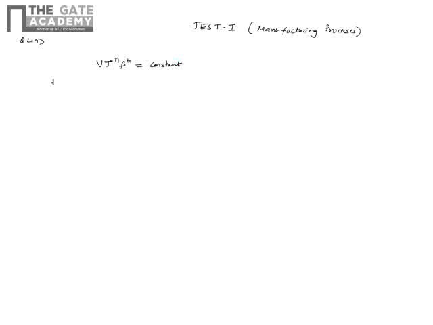Most of the time feed is constant, so here F is constant. So we get V T^n as constant most of the time, where V is your cutting speed and T is your tool life, and n is your Taylor exponent, which is mostly used to relate cutting speed and tool life.